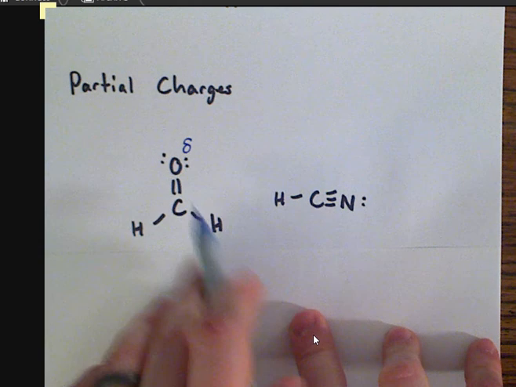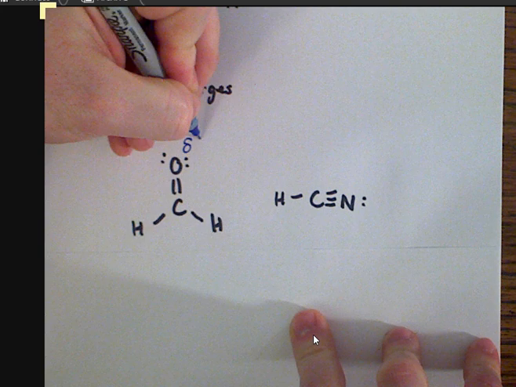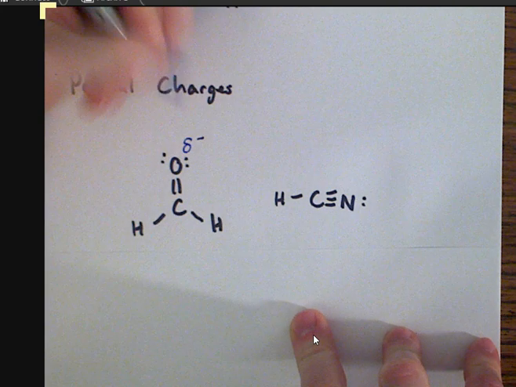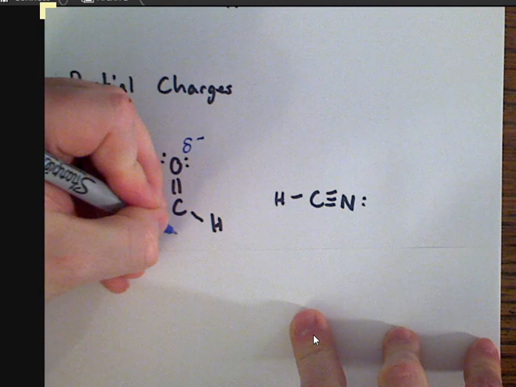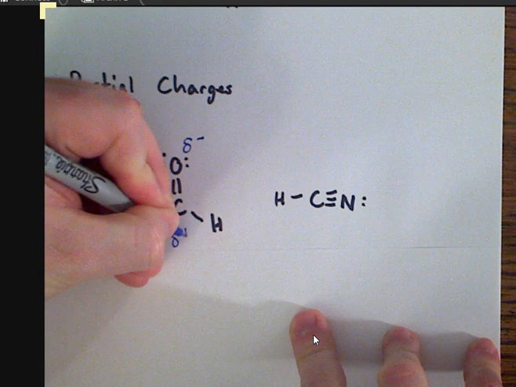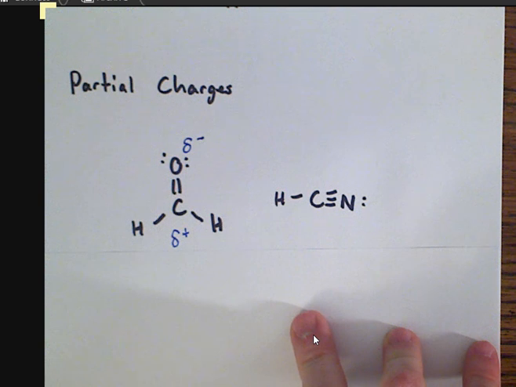Oxygen, because it's pulling the electrons towards itself, is going to be partially negative. And because those electrons are being pulled away from the carbon, that carbon is going to be partially positive.